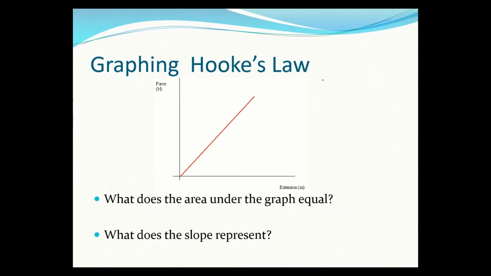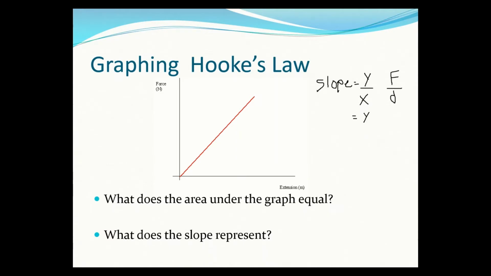So remember that slope is equal to change in y over change in x, right? So if we take a look, what we're doing is we're taking y, which is force, and we're dividing it by our extension or distance. So I don't know if we've seen a formula like that.